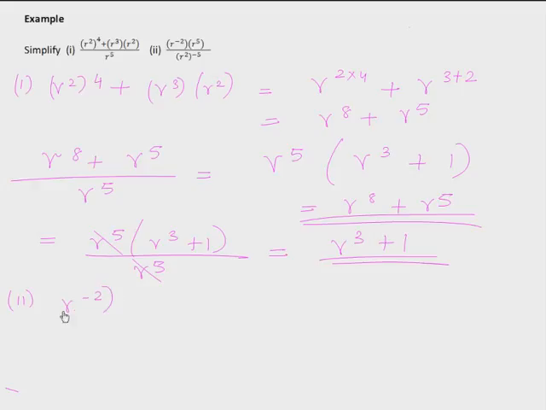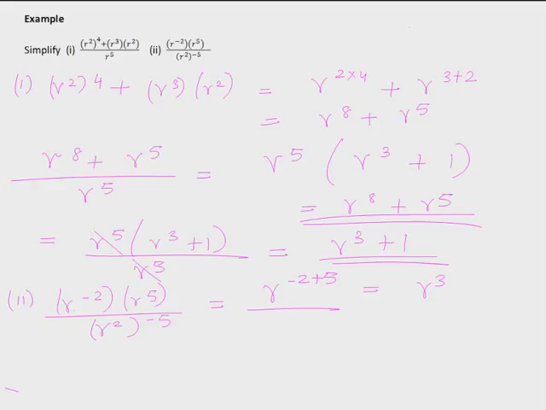R raised to minus 2 into R raised to 5 over R square raised to minus 5. Since I'm multiplying two powers, I add the exponents. I get R raised to minus 2 plus 5, which is R raised to 3.